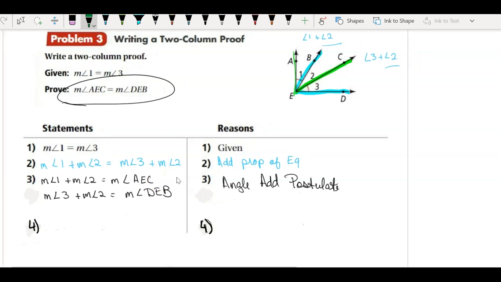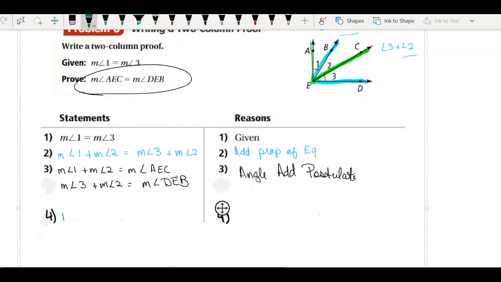So I can write that the measure of angle AEC is equal to the measure of angle DEB, and the property I used to do that was the substitution property. And that's it. We have proven what we set out to prove.